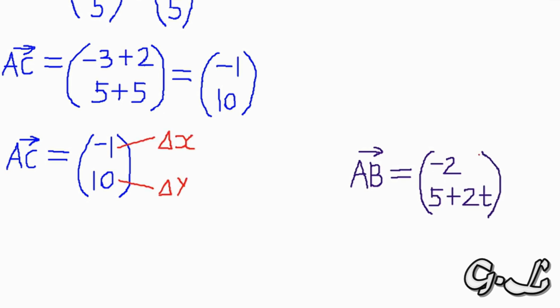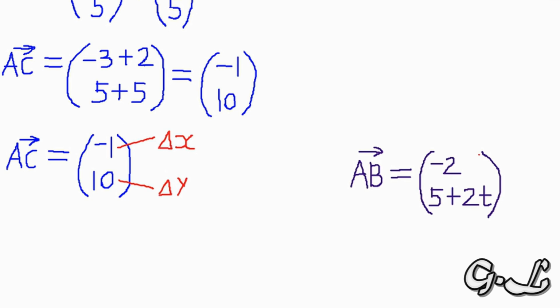So when it comes to the vector form, the term which is combined with the i is the change in x, and the term which is combined with the j is the change in y. But in this case, we have the column vector form. So in the column vector form, when you see the term which is up, in such a case negative 1, it is the change in x.